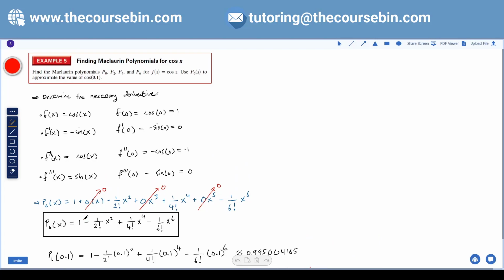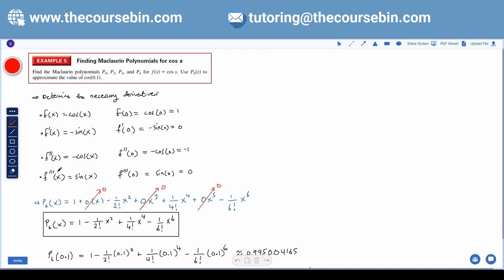Your P0 would just be this part. Your P2 would be this part. Your P4 would be all of this. And then, of course, your P6 would be the entire thing up until 6th degree.